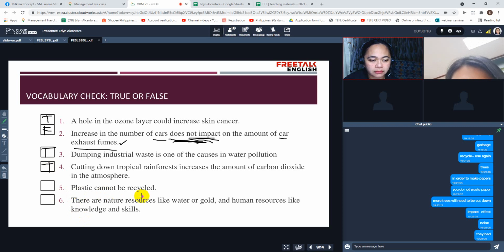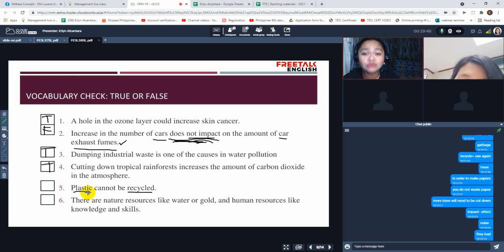Plastic cannot be recycled. True or false? I think true. We can recycle plastic. Actually, we always have to recycle plastic, because recycle means reuse, use again.